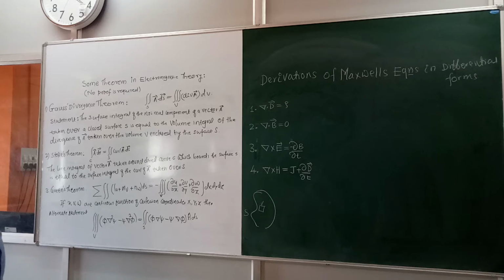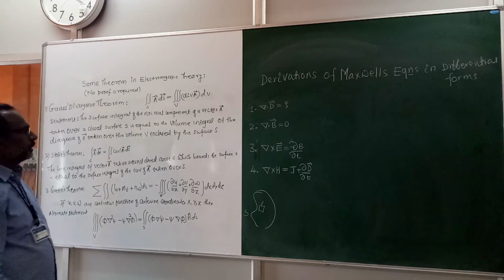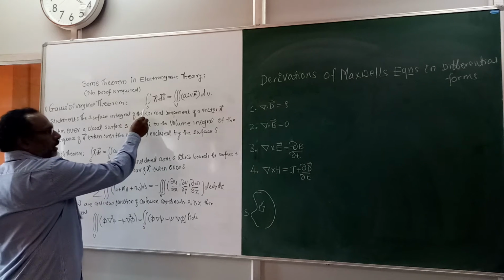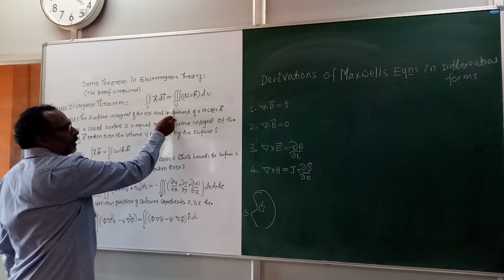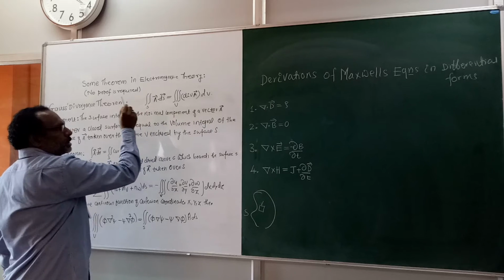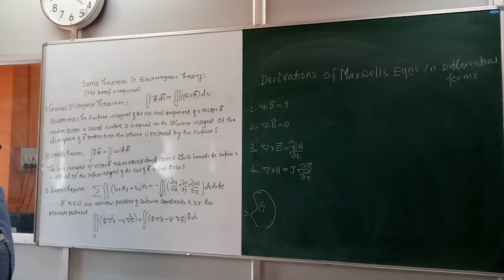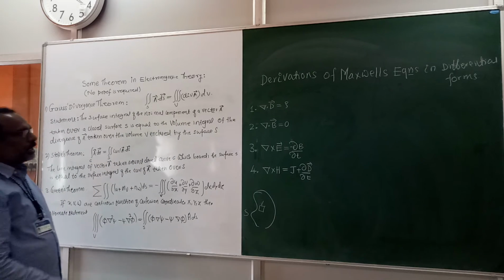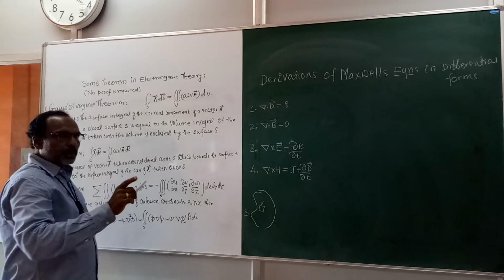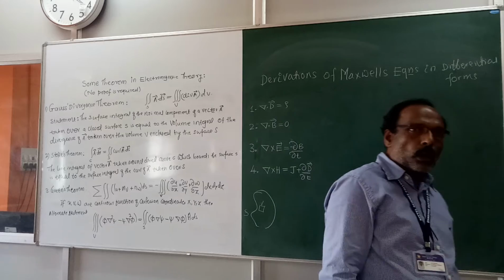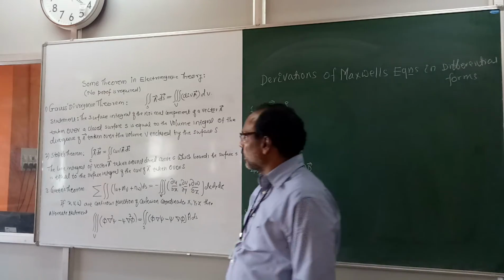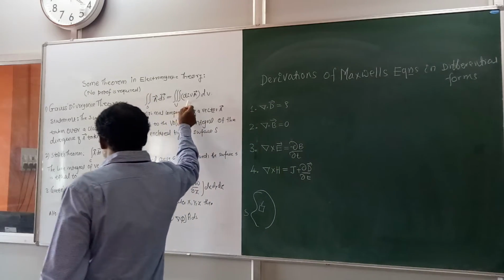This theorem helps us in transforming a volume integral to a surface integral. In other words, we can say converting a triple integral into a double integral or a double integral into a triple integral.